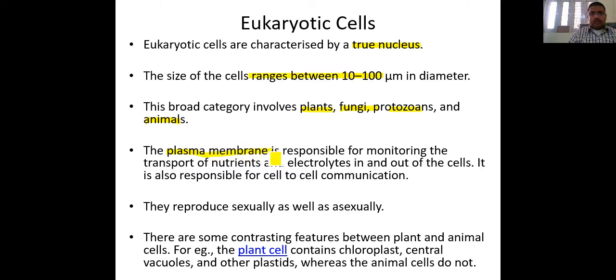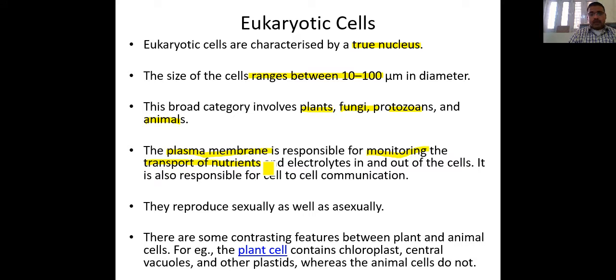And this plasma membrane is responsible for monitoring the transport of nutrients. These nutrients come from the environment, if it is related to plants and other types of fungi and protozoa living organisms.